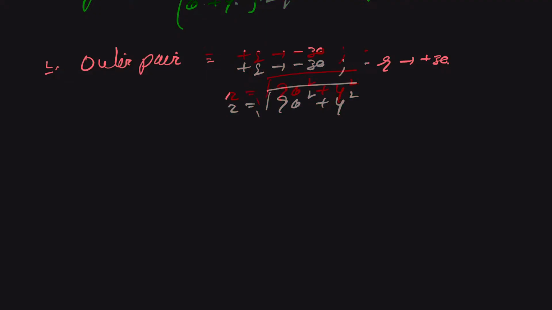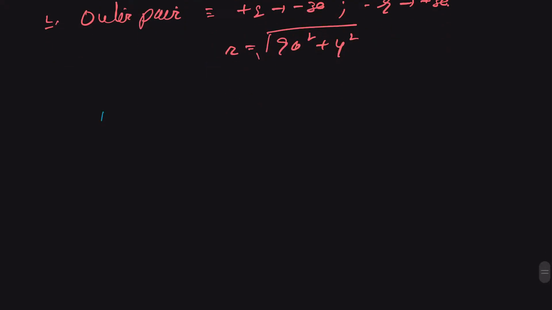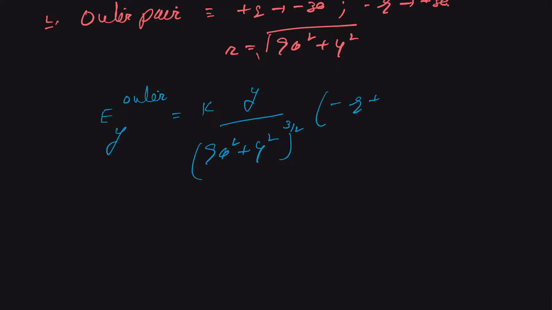Therefore, the electric field in the vertical direction because of the outer pair will be k y upon (9a square plus y square) to the power 3/2, times (minus q plus q), which is equal to 0.